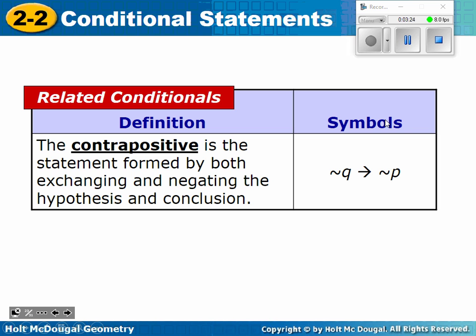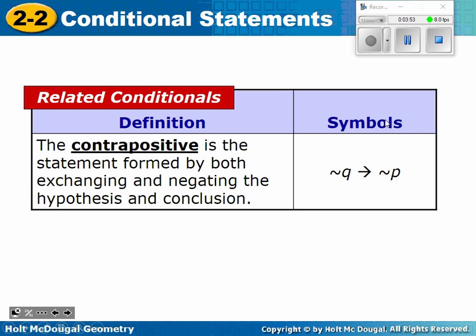So it's going to say, if not Q, so we're switching, then not P. Okay, so it's going to switch and negate. So that means over here we're going to have squiggly Q, arrow, squiggly P.